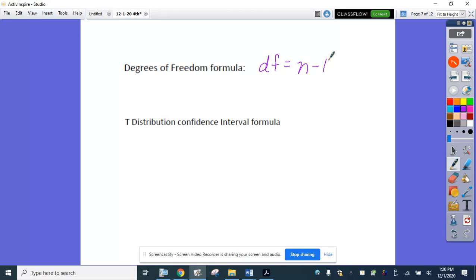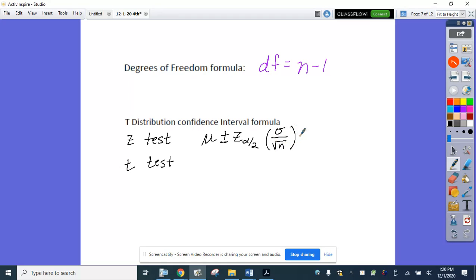I want to show you the formula for the z-test and the t-test so you can see how they are related. For the z-test, we had the average plus or minus z sub alpha over 2, which was that number we had, times the standard deviation divided by the square root of n.